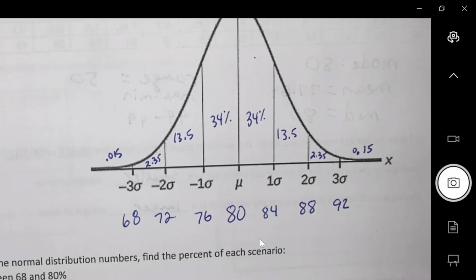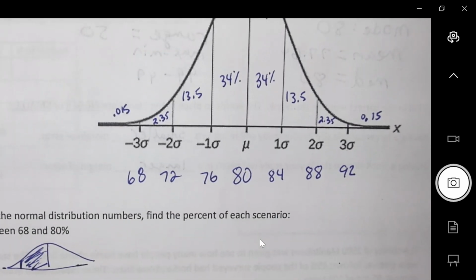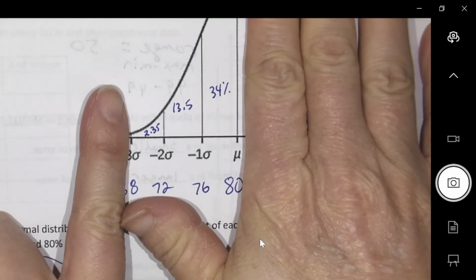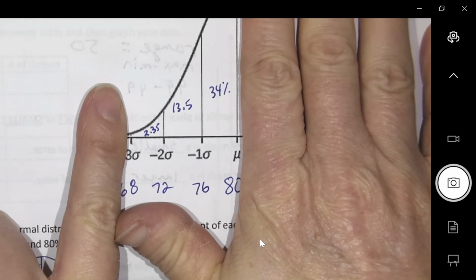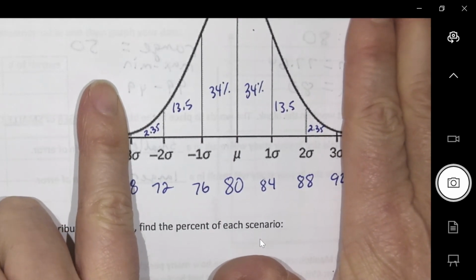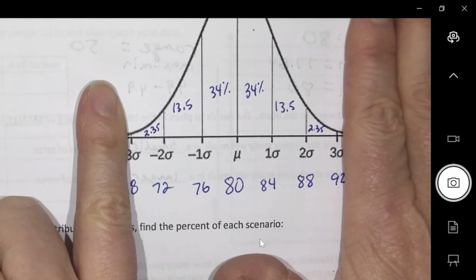Find the percent between 68 and 80. So what are you doing there? 68 to 80. So anything from here to there, you could add it all up. Well, or I could do this. This was 99.7, right? Do you have those numbers on there as well?